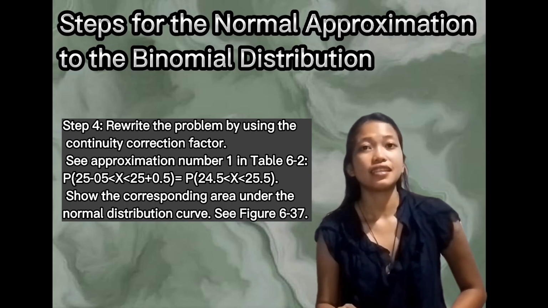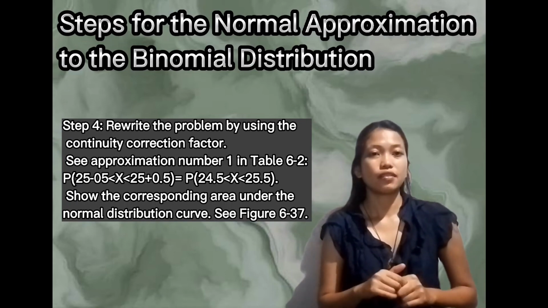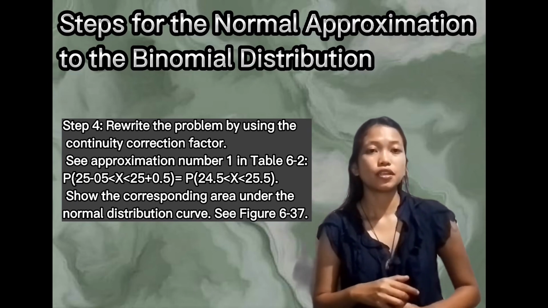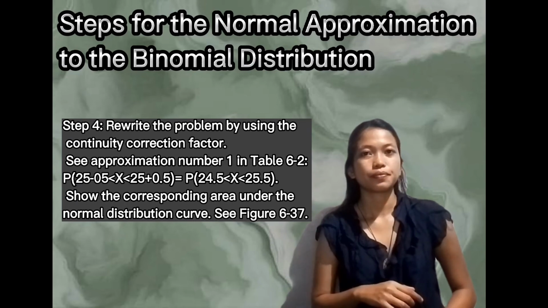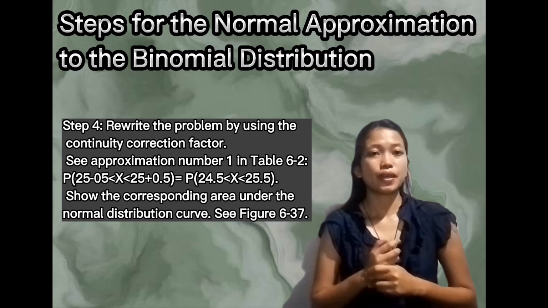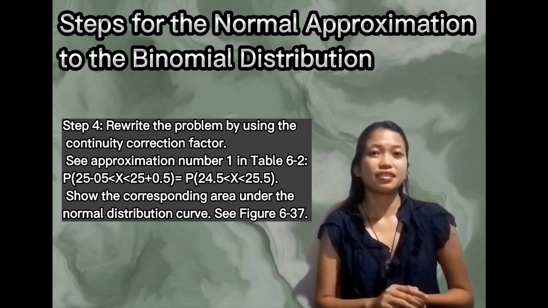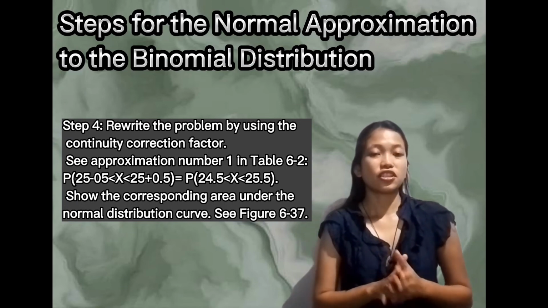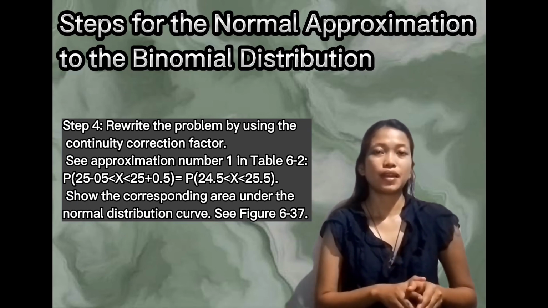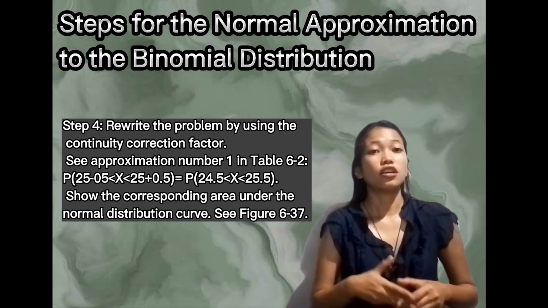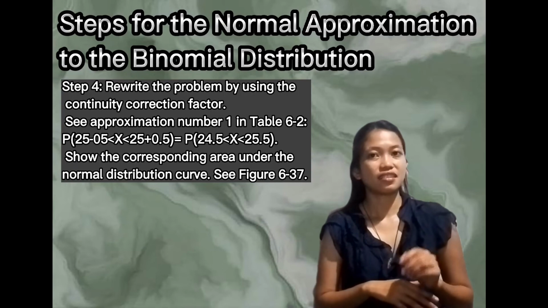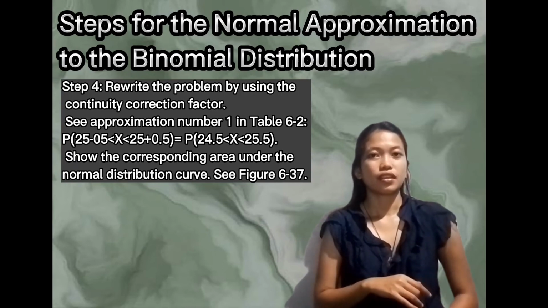Since P of x equals 25 fits approximation number 1 in the table of summary of the normal approximation, our x is 25 minus 0.5, x is greater than 25 minus 0.5 and less than 25 plus 0.5, or x is greater than 24.5 but less than 25.5.